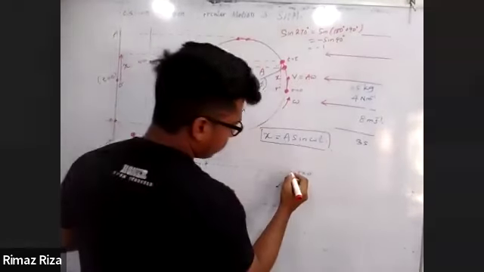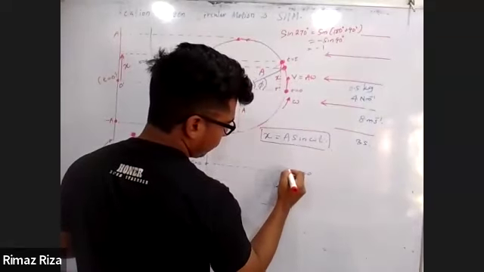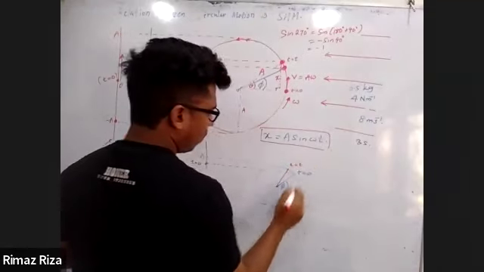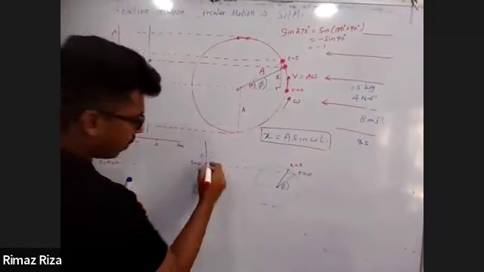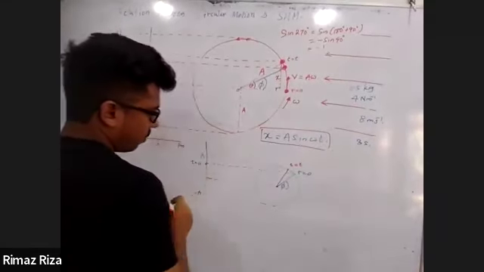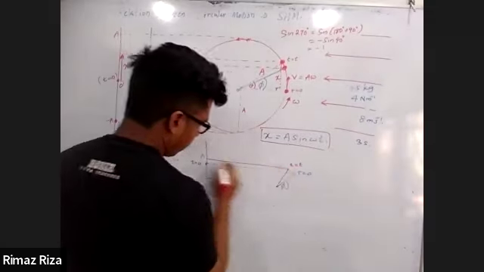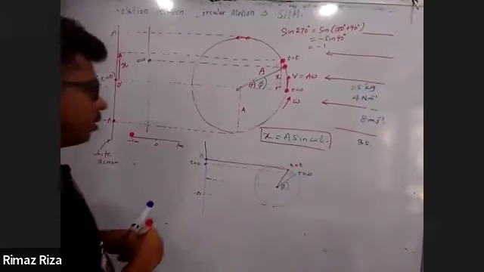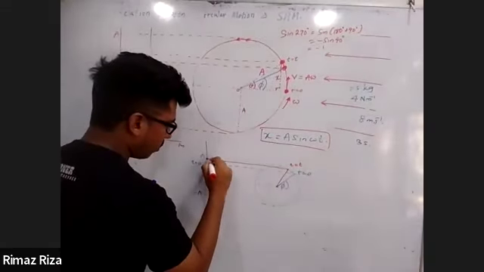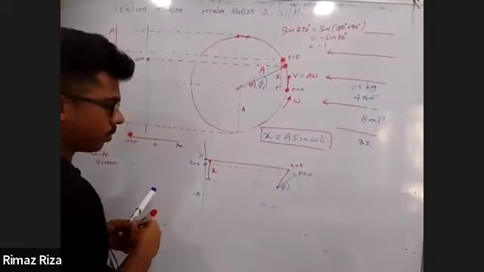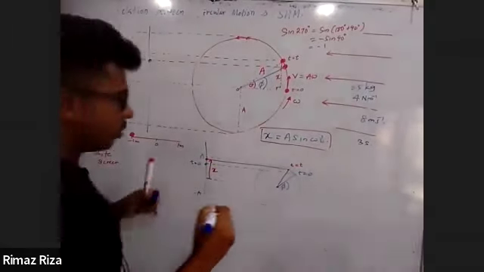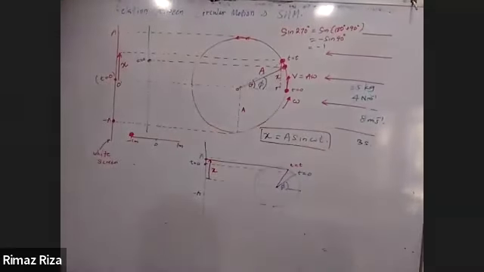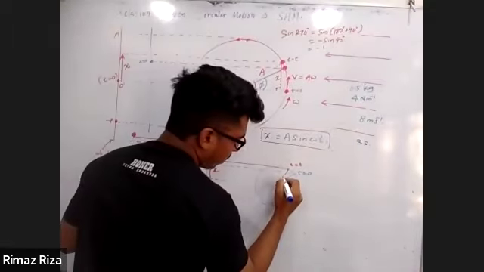Then the particle travels to here, let's say, after time t. So then the particle will be here. So this is x, and this angle is theta.